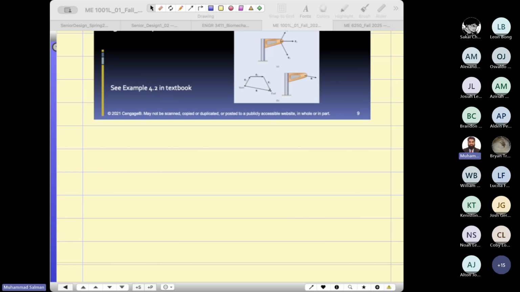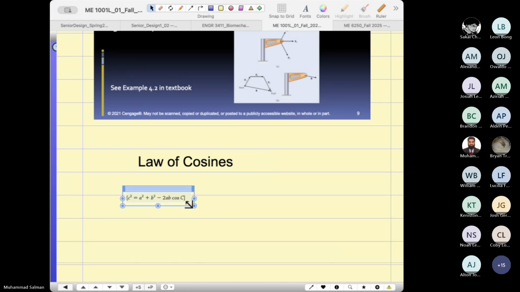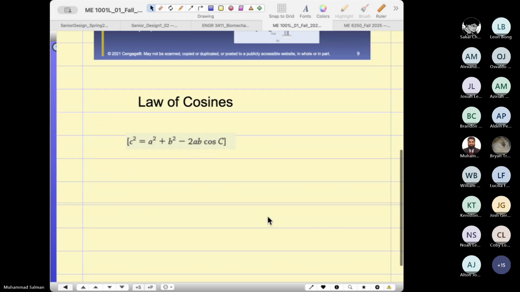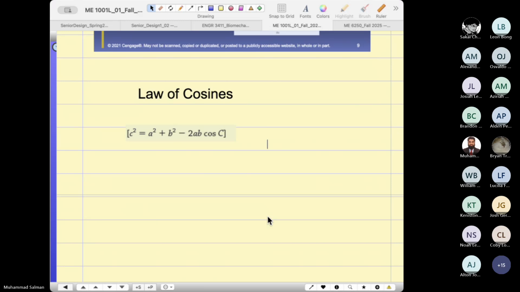Now let's see. Suppose this is a body, and you are exerting a force in this direction and in this direction.